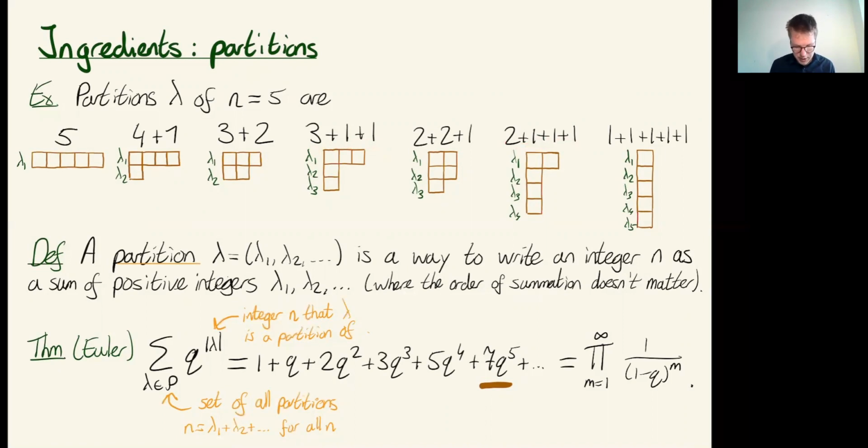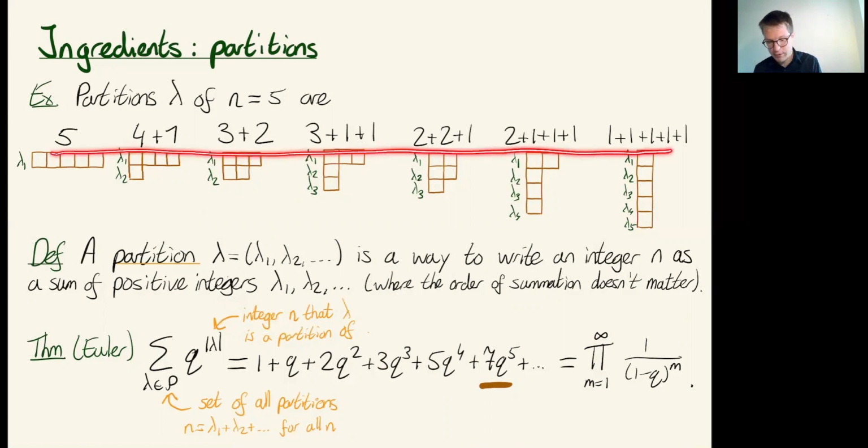So in general, a partition of some integer n is a way of writing this integer as a sum of positive integers. And we do not care about the order of summation. So in fact, with this definition, one can easily find out that these are all partitions of the integer 5.